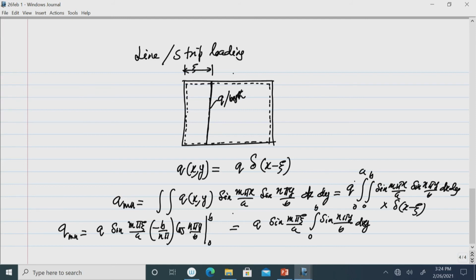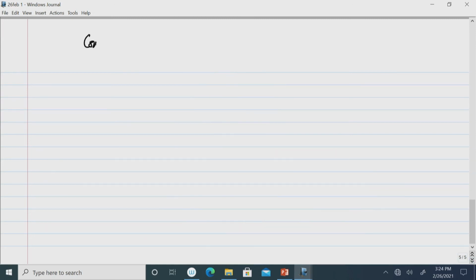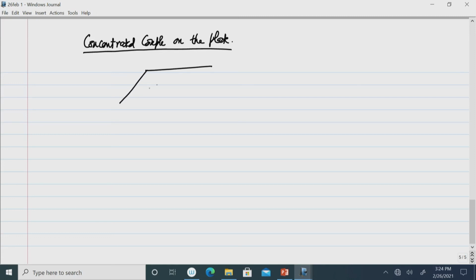Now, let us discuss what happens if a concentrated couple is acting instead of concentrated load. So, let us now discuss the case of concentrated couple. Say a rectangular plate is shown here, this is the x axis and this is the y axis, and a concentrated couple M is acting here.